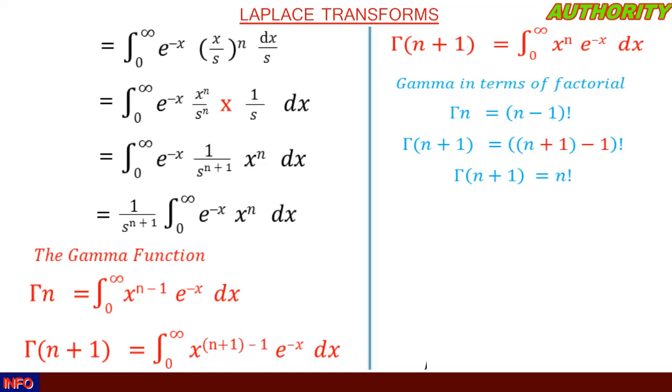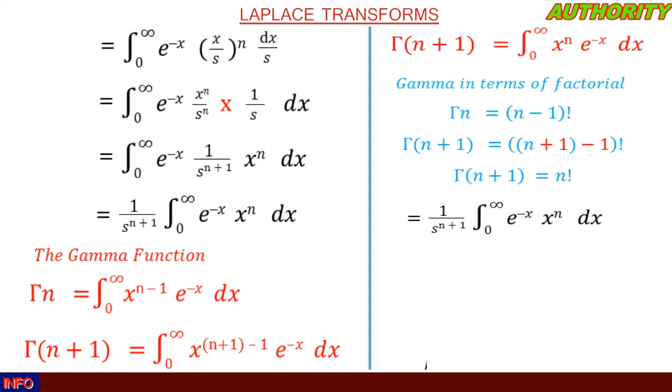Now look at this. The gamma of n plus 1 is the same thing as the integral that we solved and obtained. We tried to solve our integral, and then look at where we arrived. We arrived at 1 all over s raised to the power of n plus 1, times the integral from 0 to infinity of x raised to the power of n, e raised to the power of minus x dx.